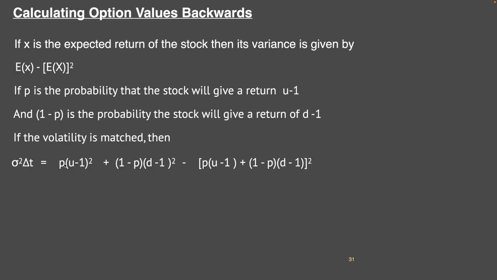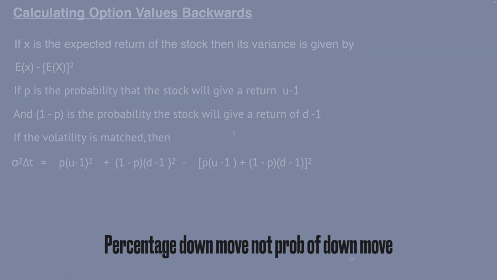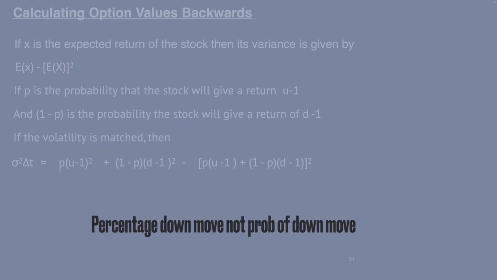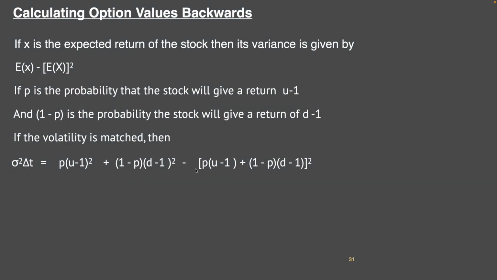What are we doing? We are taking the probability p of the up move and multiplying it with (u minus 1) whole square, and we take 1 minus p, the probability of the down move, into (d minus 1) whole square. Finally we are subtracting the combining factor, (p into (u minus 1) plus (1 minus p) into (d minus 1)) whole square.